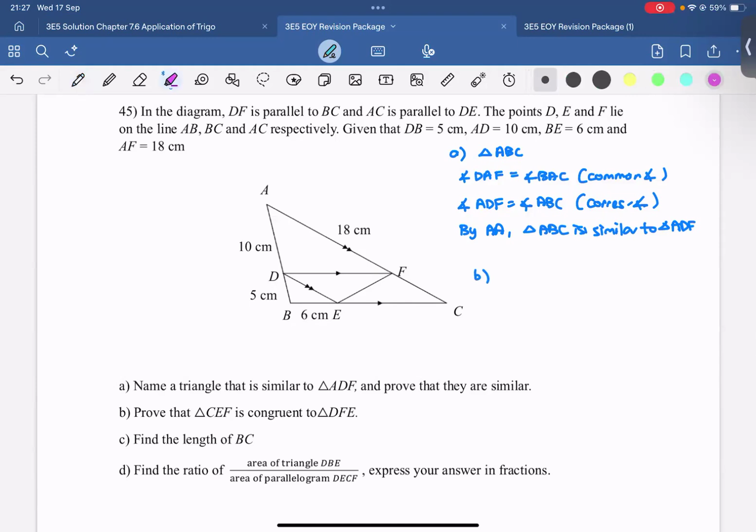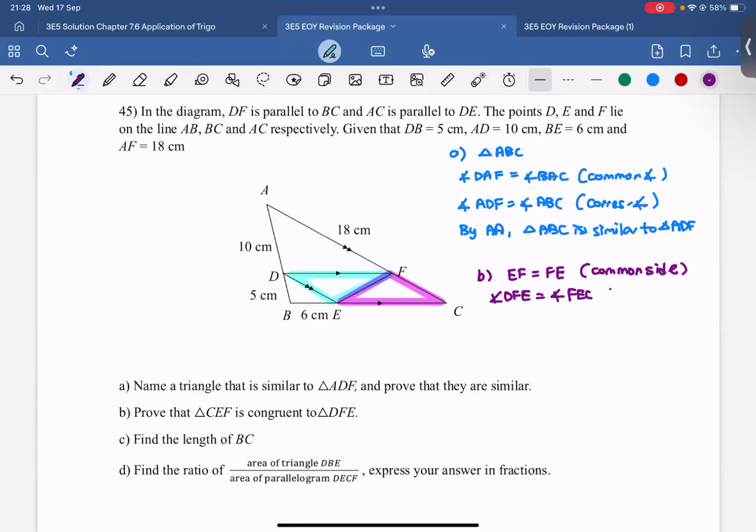Part B. Prove CEF is congruent to DEF. So how? EF equals FE, common side. Then angle DFE equals angle FEC.